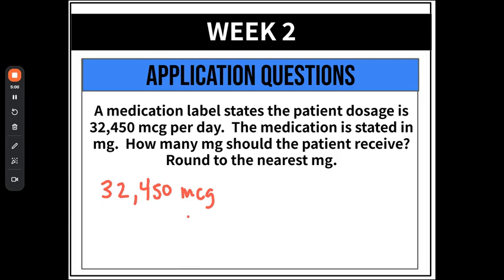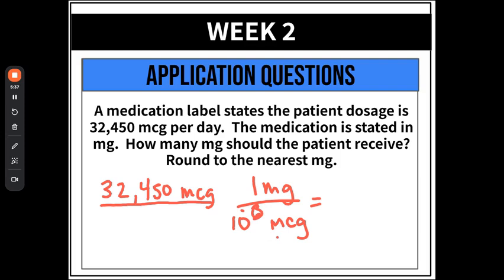So the question is, how many micrograms are in 1 milligram? Well, we know that a microgram is smaller than a milligram. So there are 10 to the 3rd micrograms in 1 milligram.